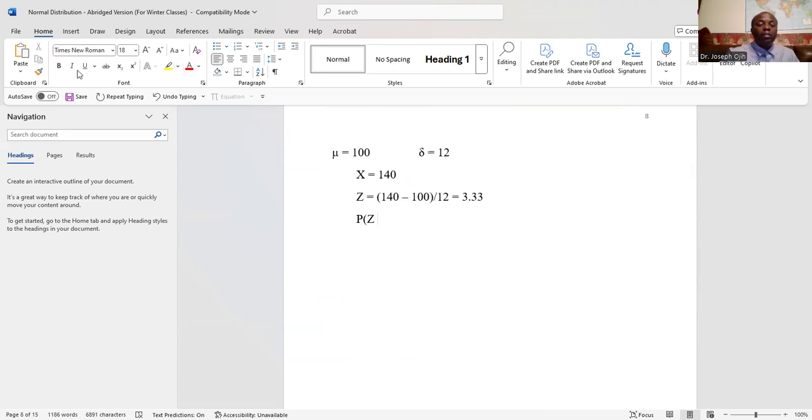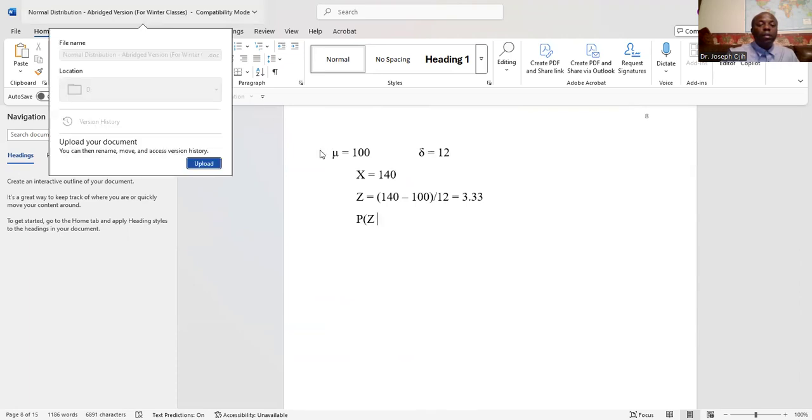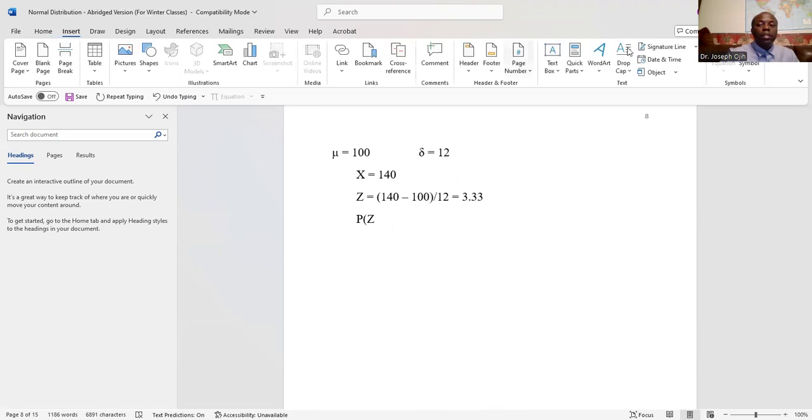Z is greater than 3.33, which will be equal to, you draw the chart for it.